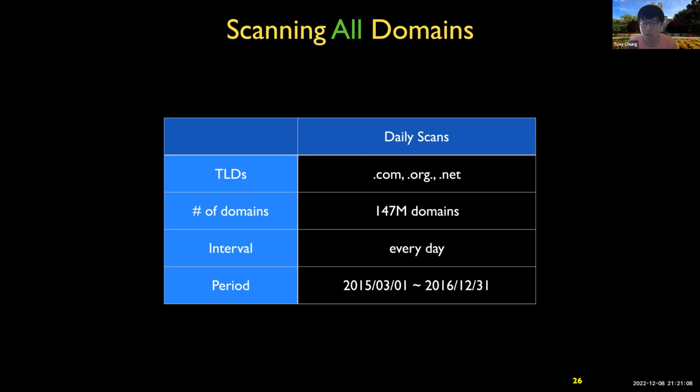So we can download the entire list of domain names under these 3 TLDs. Of course, it would be better if we could download the zone files from all TLDs, but let's focus on these 3 most popular TLDs. After fetching the second level domain name list, we go to each of the servers of the second level domain names and fetch all the DNS records, which is over 750 billion DNS records.